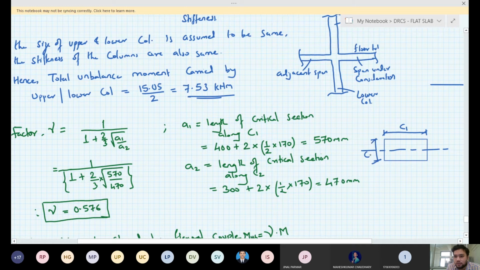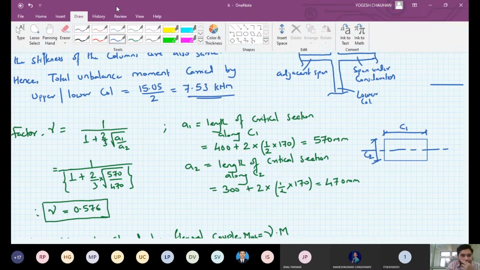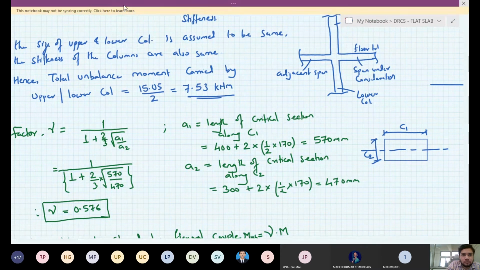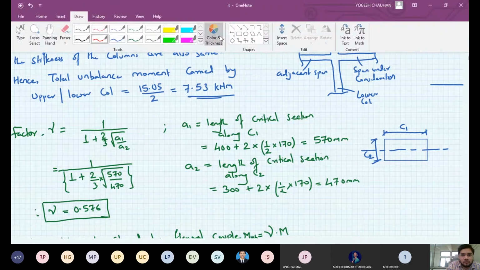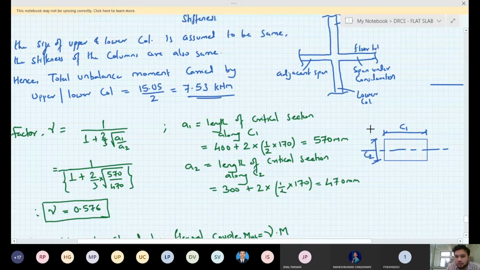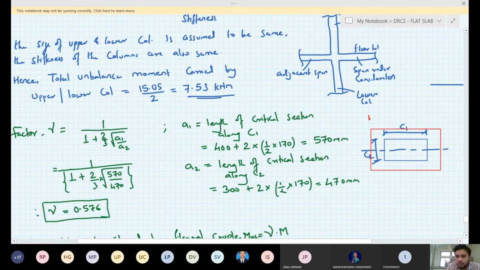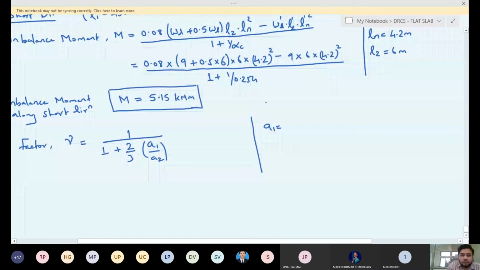This is C2 and the critical section is like this, where this is your A1 and this is your A2. Now for the short direction, your A1 and A2 will be reversed.